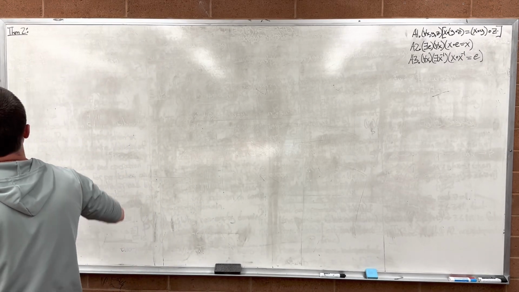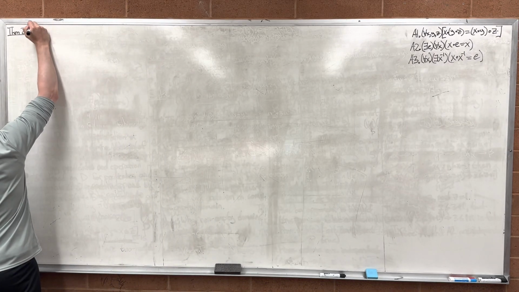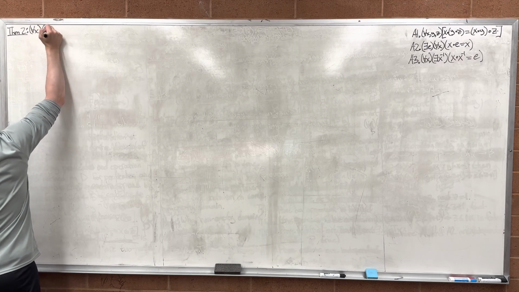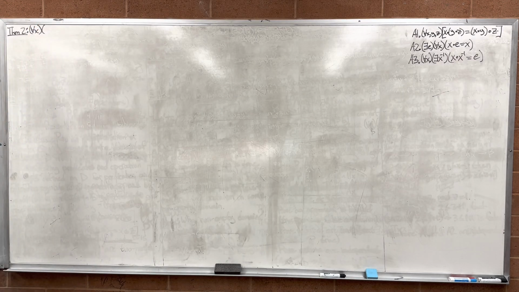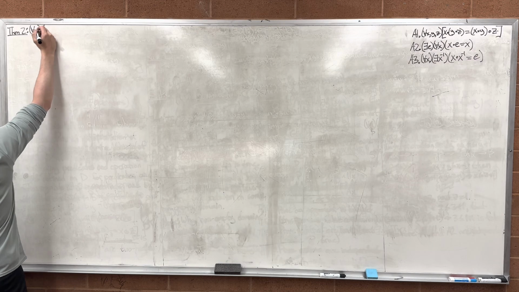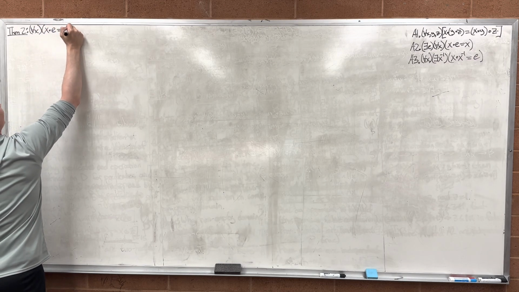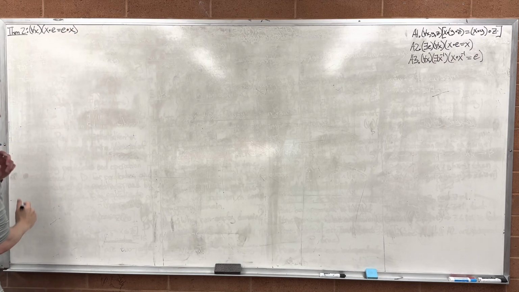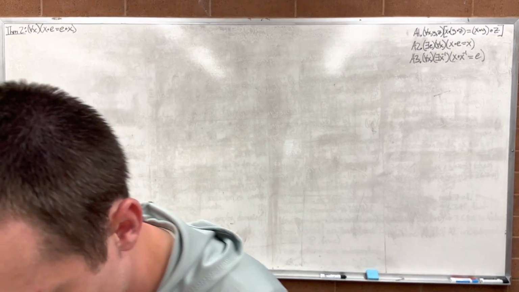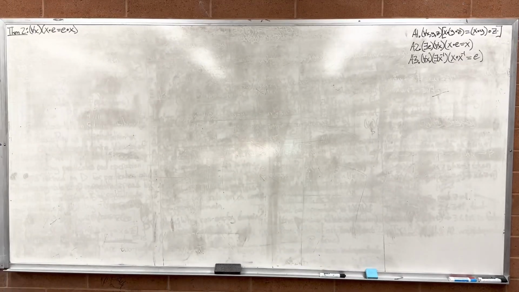We were proving that for all x, x composed with identity is equal to identity composed with x. This one maybe won't write out all the steps as much.